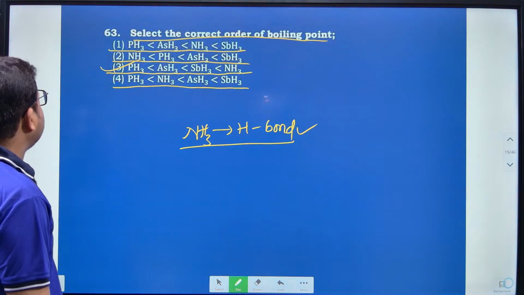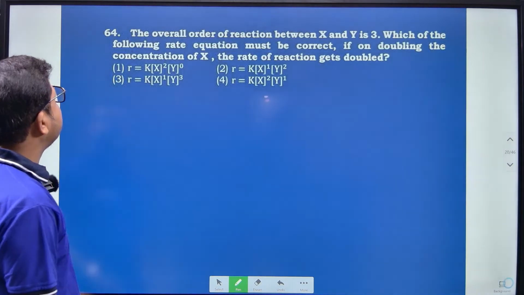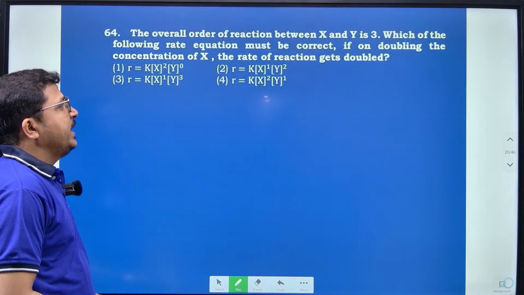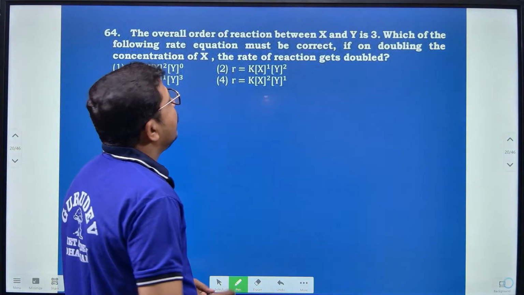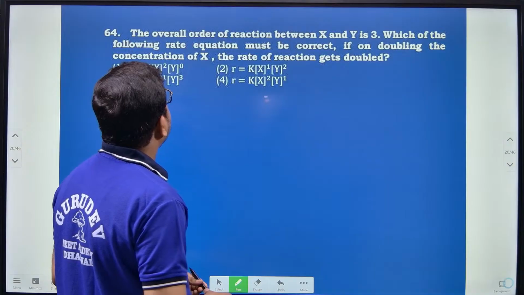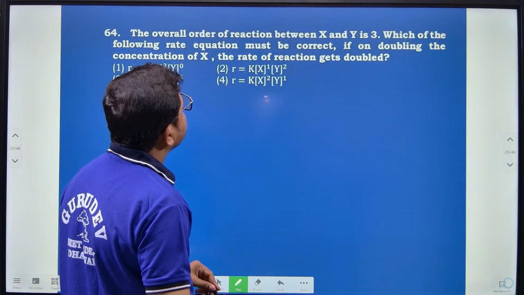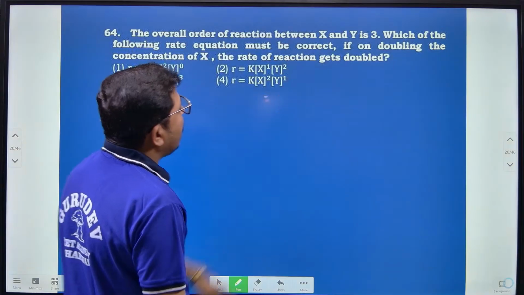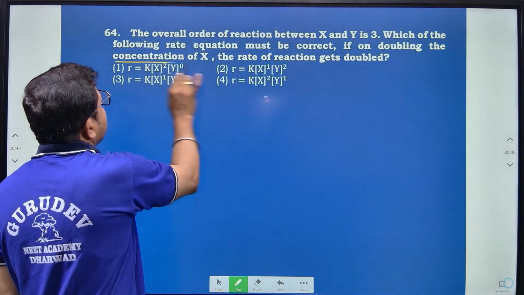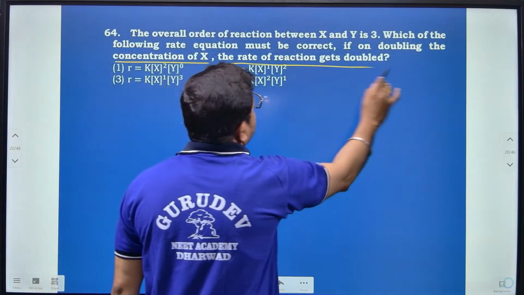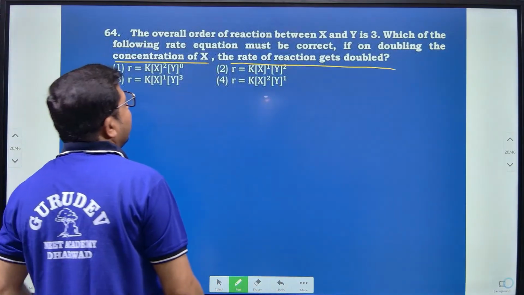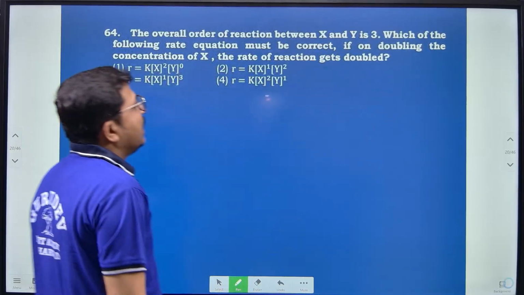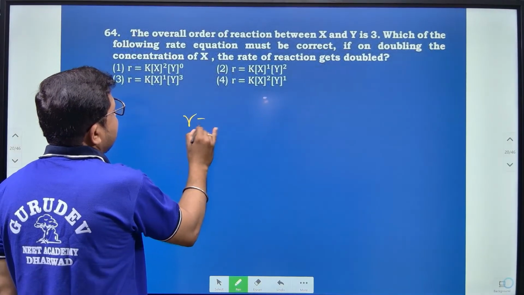Let's move to the question number 63. The overall order of the reaction between X and Y is 3. Which of the following rate equations must be correct, if on doubling the concentration of X, the rate of the reaction gets doubled? There is not much discussion regarding this one, because already they have given the order is 3.